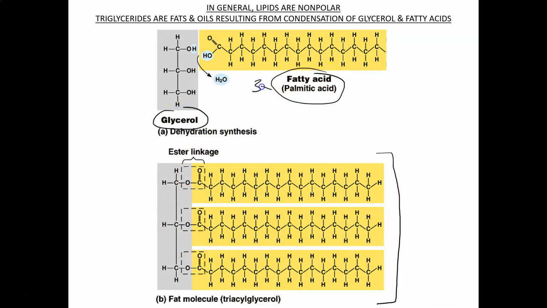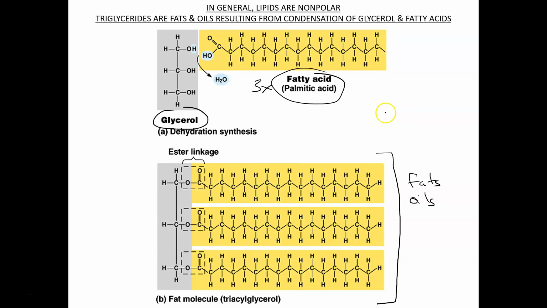So it's 3 of these fatty acid molecules bonded to this glycerol gets you a triglyceride. And these would be the molecules for fats and oils. And again, we have videos on lipids and talking about saturated versus unsaturated fats. So more on that later.